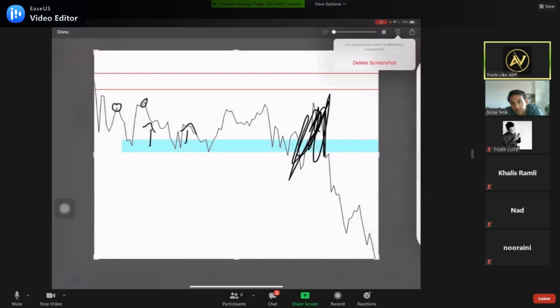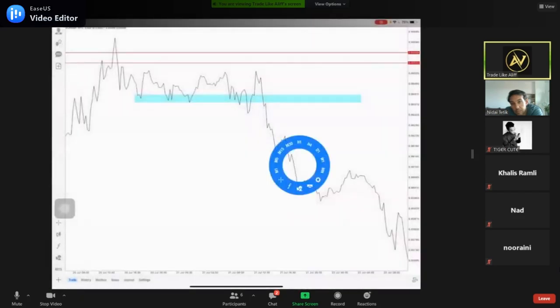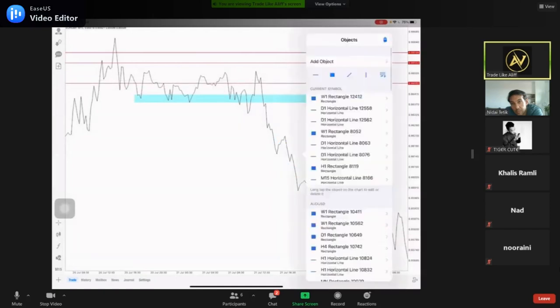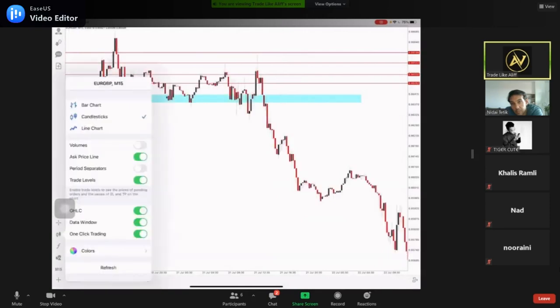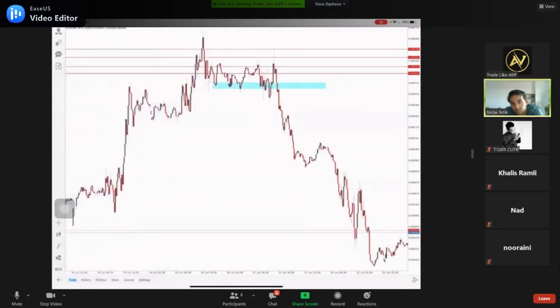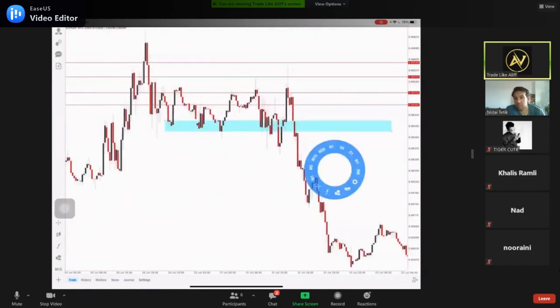Okay, you can put a bit here, but then your zone will be bigger. Let's say one I put here, one I put above here. Just entry. I think this one is 10 pips floating. Take the breakout.